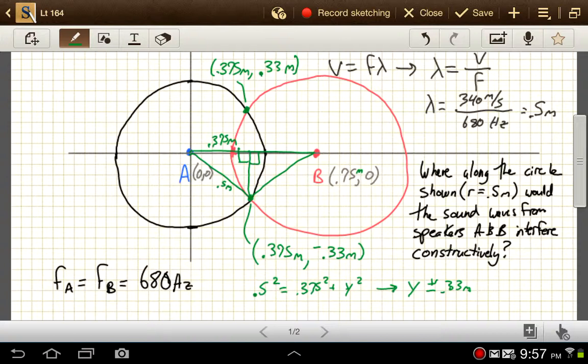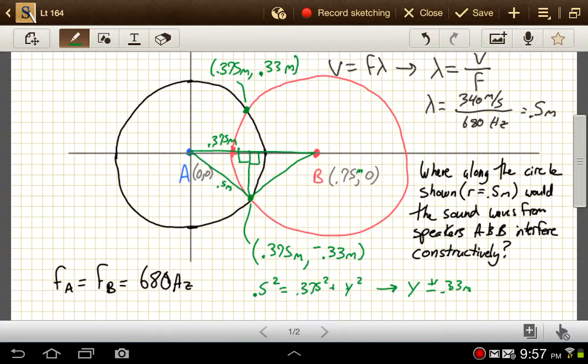Where else? Well, these points were equidistant, the same distance from speaker A and speaker B, but as long as we have a path difference that's 0 or some whole number multiple of 0.5, then we'll be able to have constructive interference at any point like that.